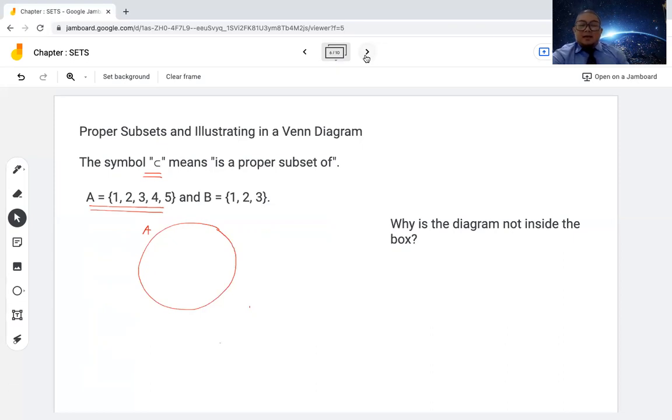As we can see, if you pay attention to set B, the elements of set B are seen in the elements of set A. So if I'm going to write set B, I could automatically say that set B will be a set that is inside set A. The elements of set B are 1, 2, 3, and as you can see, they are also inside set A, so they're also part of set A. However, there are some elements that are not found in set B that could be found in set A, those are 5 and 4.